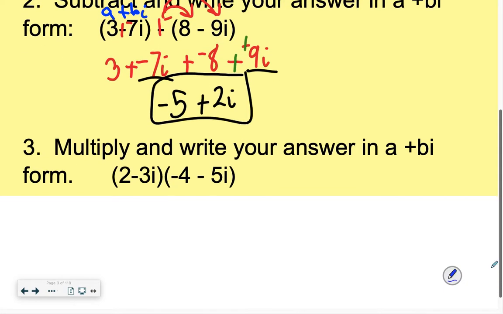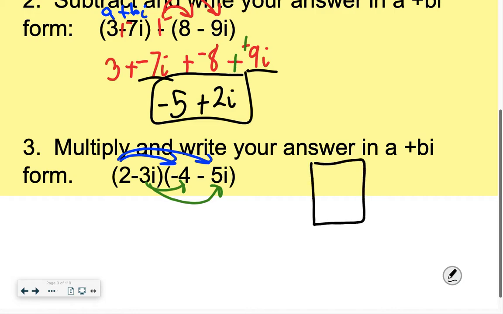And then the third type under the basic level is multiplying complex numbers. There's a few ways you could do this. You could use the distributive property twice. You distribute the 2 to those two, and then you distribute the negative 3i to those two. You could also remember that as FOIL: first, outer, inner, last.